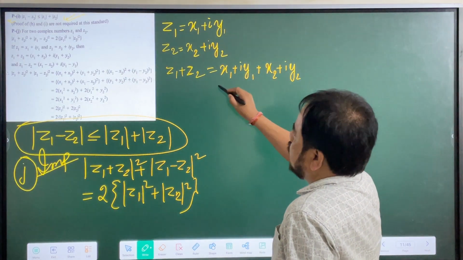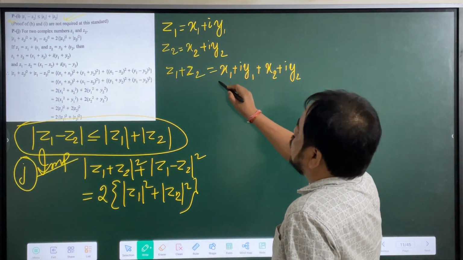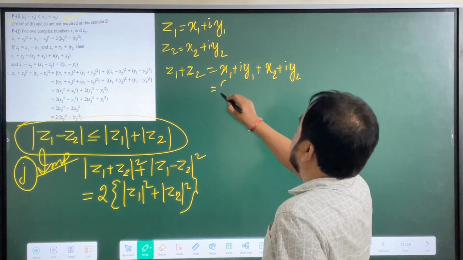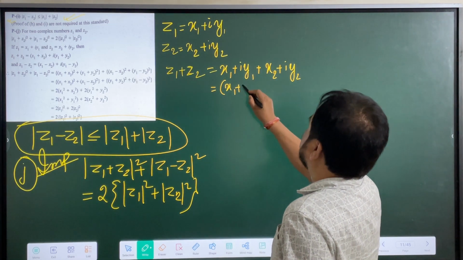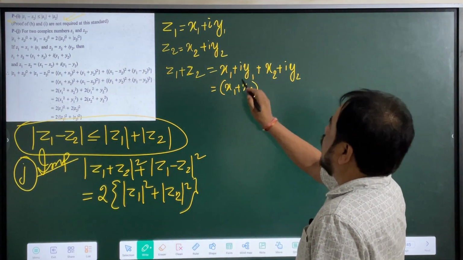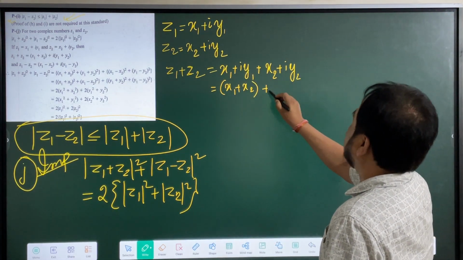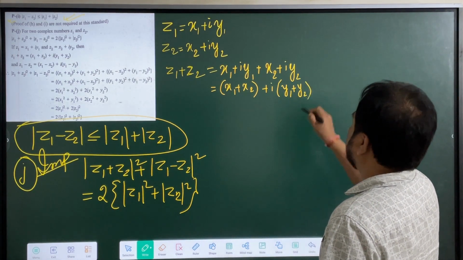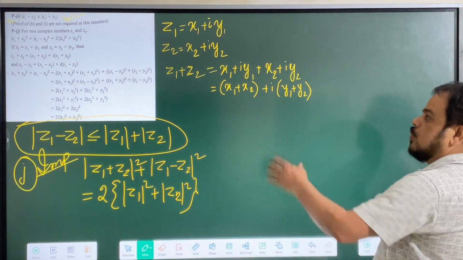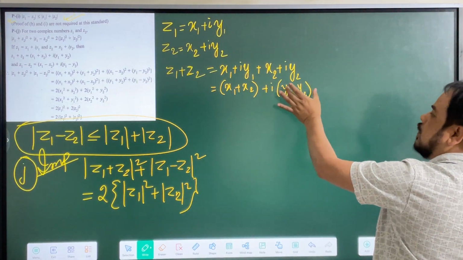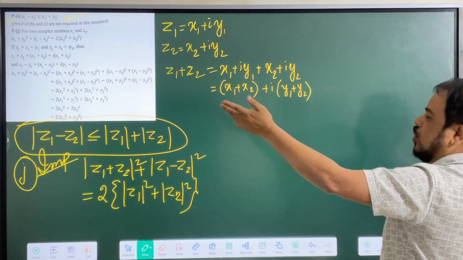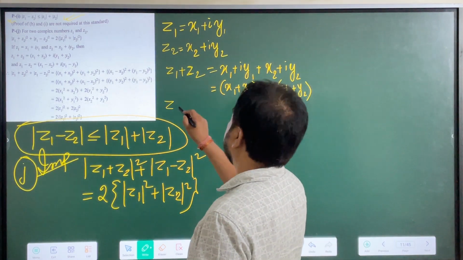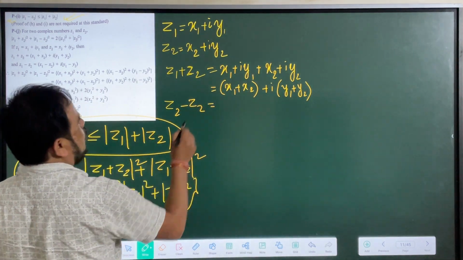Now we will write the real part and imaginary part together separately. x1 plus x2 is the real part, i y1 plus i y2, so i can be taken common, y1 plus y2. I hope you understand. We have taken the real part and imaginary part separately as we always do, in a plus ib form. Now Z1 minus Z2 also we will find out.